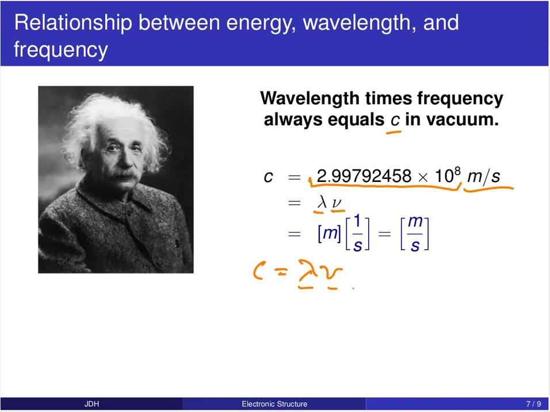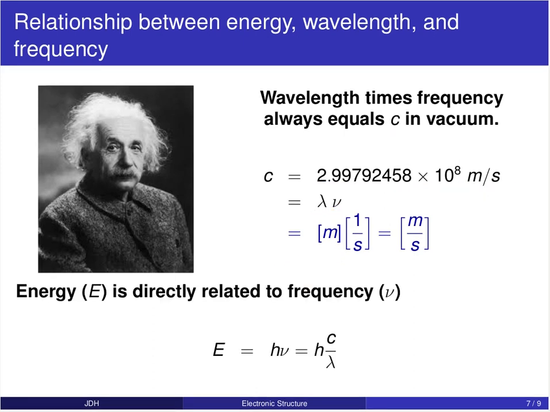To make sure the units work out, using meters and seconds, lambda, the wavelength, is a length, which we can measure in meters. And frequency has units, as we saw previously, of inverse seconds. So if we multiply meters by inverse seconds, we get meters per second, which is, of course, the speed. And Einstein even gave us more helpful information.